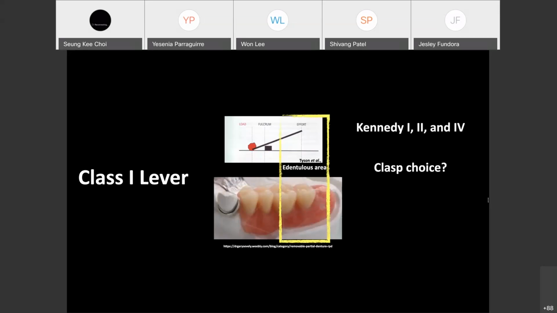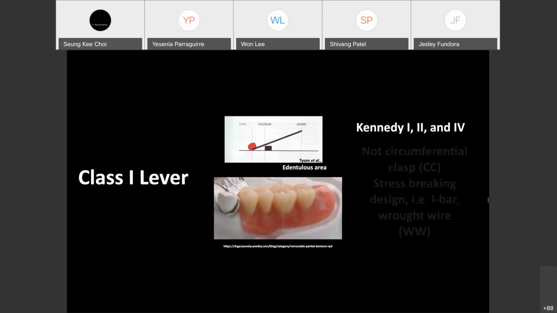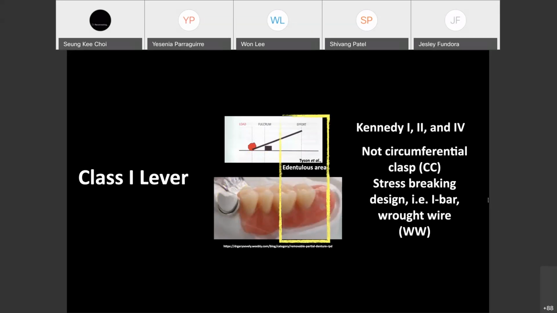so let's say okay, so there's I-bar, Rottweiler, circumferential, but we have to think, because of this large edentulous area that is actually allowing this movement of the denture to happen during occlusal load, we have to consider what clasp design is less detrimental to the tooth.